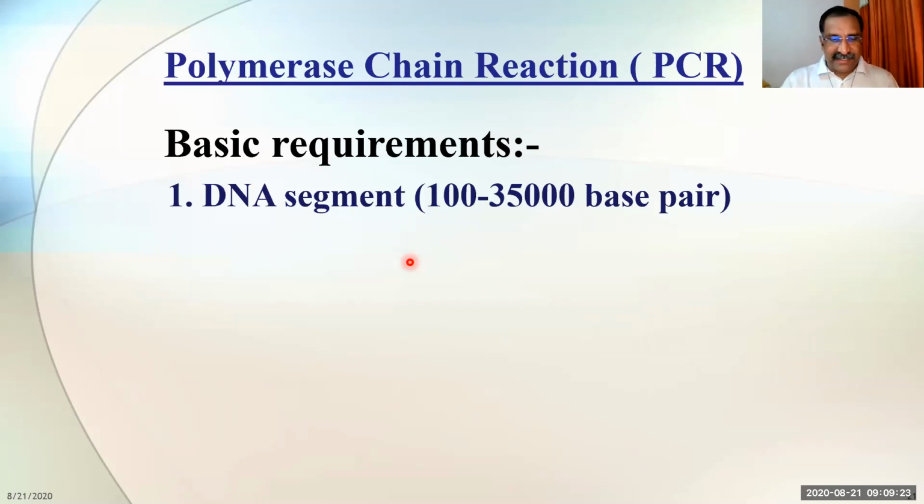That means the basic DNA segment, that is number one. That is around 100 to 35,000 base pair segments. The basic DNA segment is nothing else but the gene which you want to multiply.